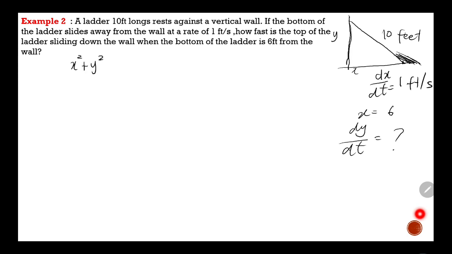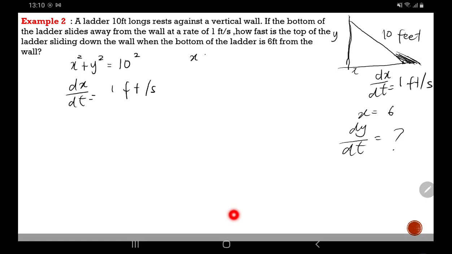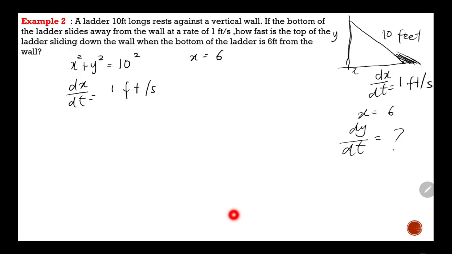Why? This is the Pythagoras theorem. We also have dx over dt is 1 feet per second, and we know that x is equal to 6 feet. Now we want to find dy over dt.